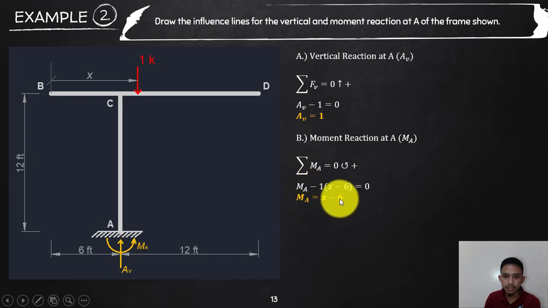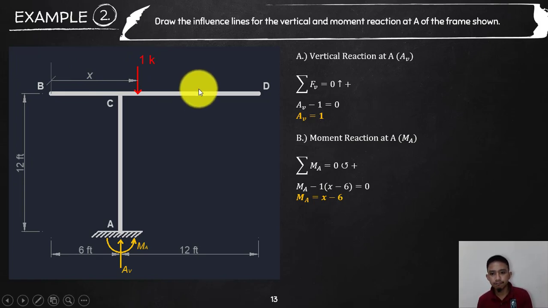So this equation is general. It works even if your load is within this side or in this side. So of course it is just simply analyzing the equation. But if you are not sure of that, you can actually divide. You can consider, let's say, from 0 to 6 and then from 6 to 18.